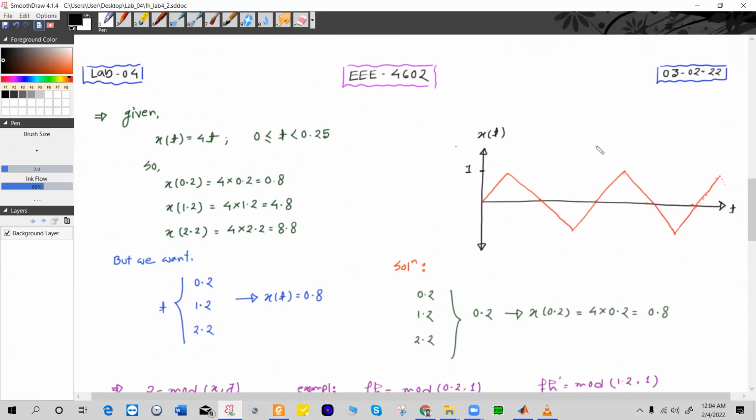So this is the function we are talking about. On the x-axis we have t, on the y-axis we have x of t. We are told that from 0 to 0.25, this line will follow x of t equals 4t. For the time being, I will discuss this line.